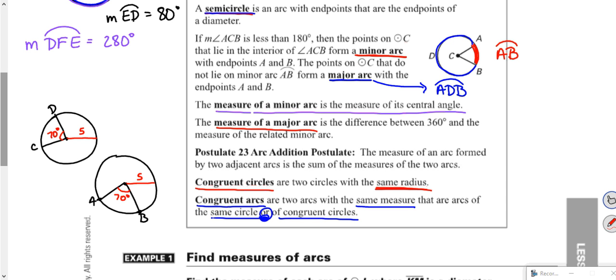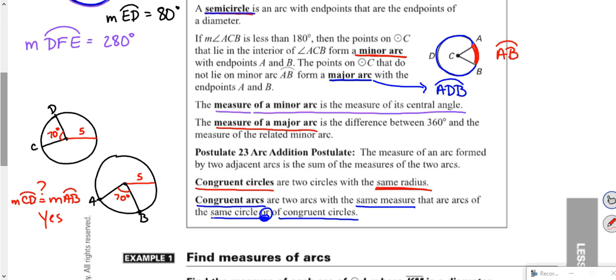Okay, does the measure of arc CD equal the measure of arc AB? That would be a yes.